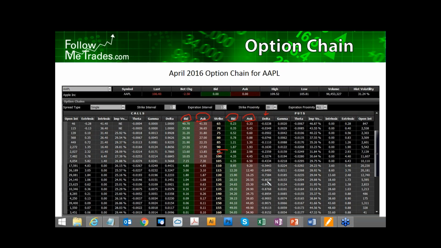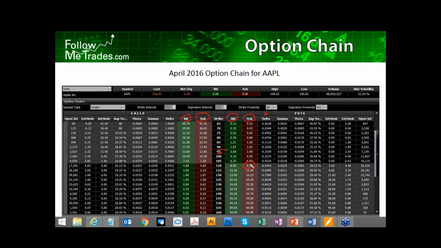So if Apple moves $1, the premium of the contract is going to move 80 cents. And by the way, these price quotes, like the 110, the ask is 920. That's actually $920. The 920 is per share, and these buy you 100 shares. So that's $920 to buy one contract.